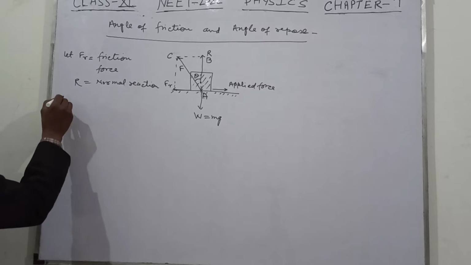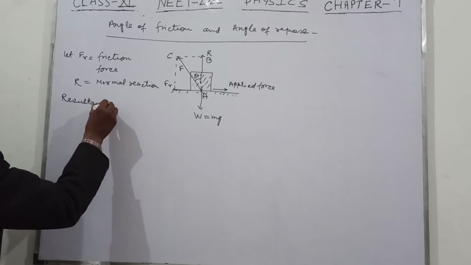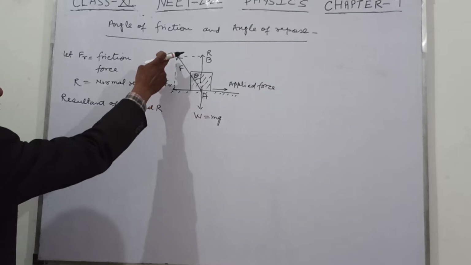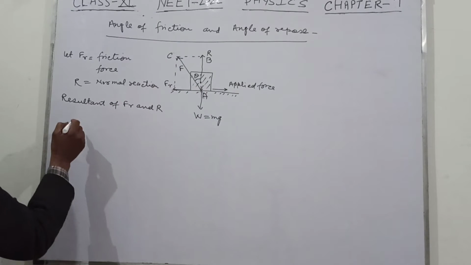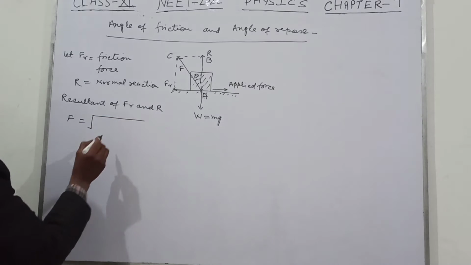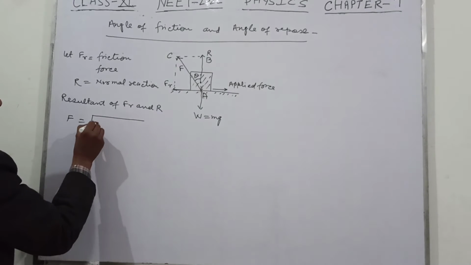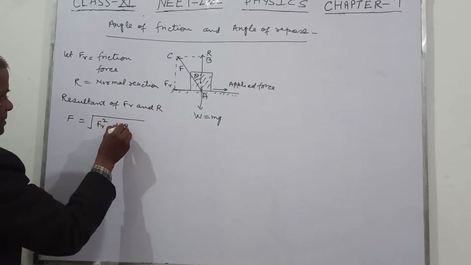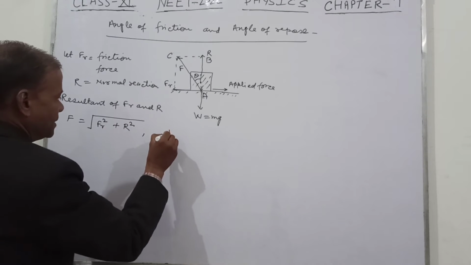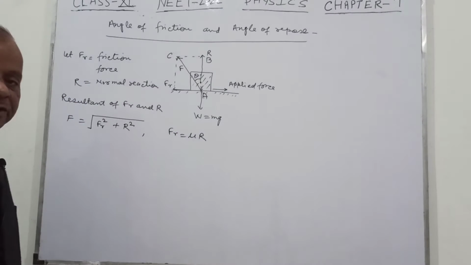So the resultant of Fr and R, you can see from here that this line AC, this F equal to square root of Fr square plus R square, and we know that Fr is equal to mu R, mu the coefficient of friction.